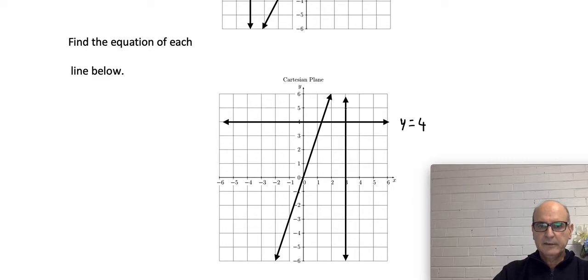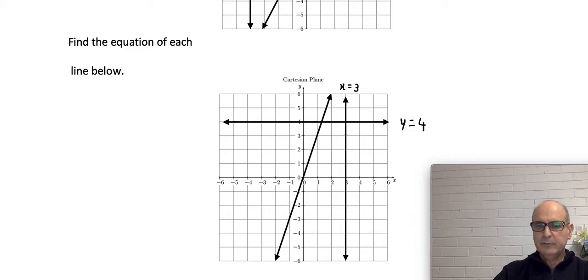If I take this point, its x is 3, its y is 5. As you can see, x stays the same for all points, which is 3, but y is changing. So the equation of such a line is x equal to 3.